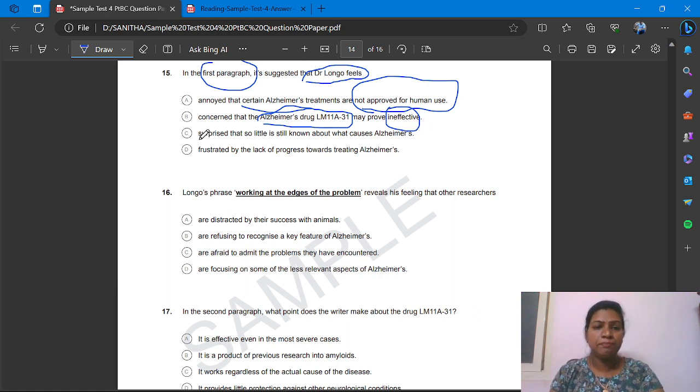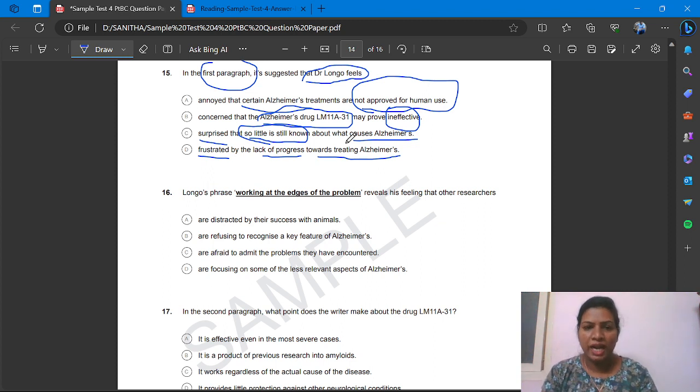Third, surprised, that he's surprised that so little is still known. What do you mean by so little? Almost nothing, about the causes of Alzheimer's. Fourth, frustrated, that he was frustrated by the lack of progress towards treating Alzheimer's. These are the keywords you have to underline, and you have to understand what the options are saying. With 2 minutes you have to complete one question.